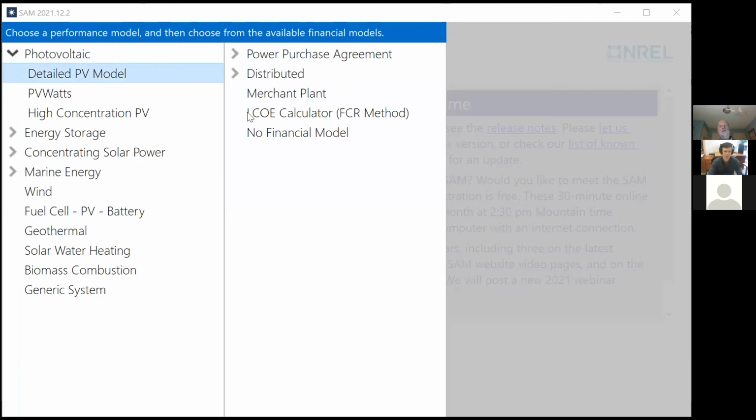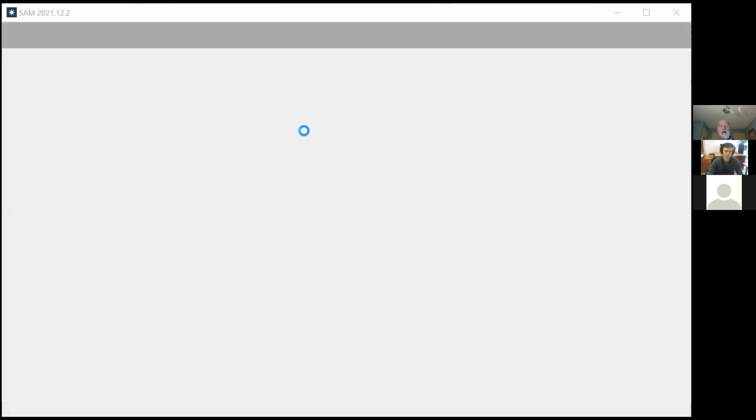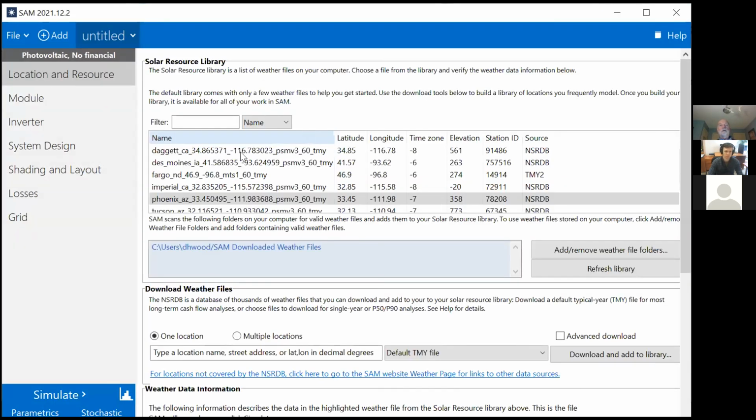I'm not going to do any lifetime cost of electricity calculations, so no financial model. And we come to the specification of the solar resource. Again, I'm not going to spend any time worrying about that because I haven't yet been able to do it for Nova Scotia. So maybe someone in the audience will be able to do that for us.